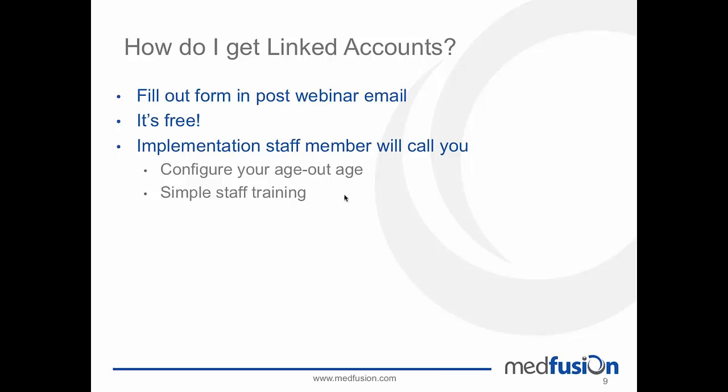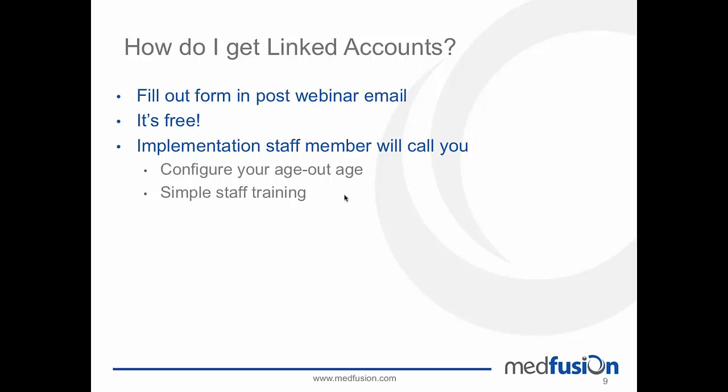That implementation staff member will call you. There's a few steps we want to walk through with you. One is to configure that age-out age. So be thinking about what you, at your practice, determine to be a good age where people are minors in terms of their health care under that age and are treated as adults above that age.